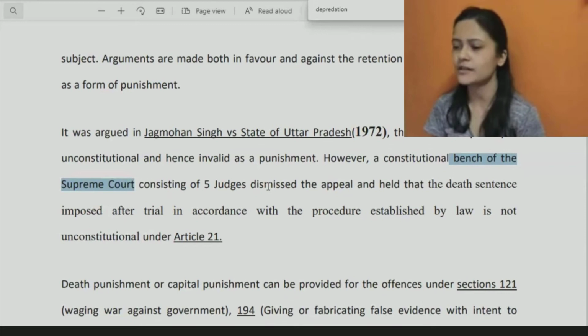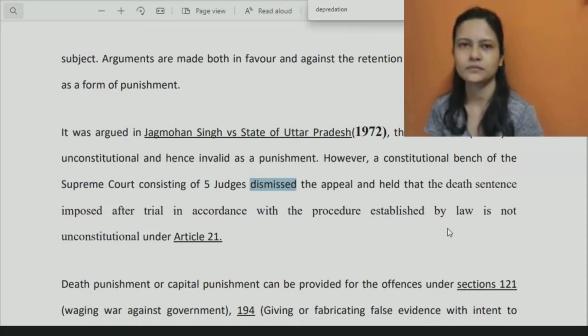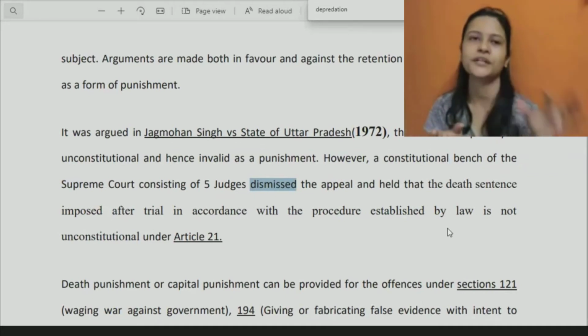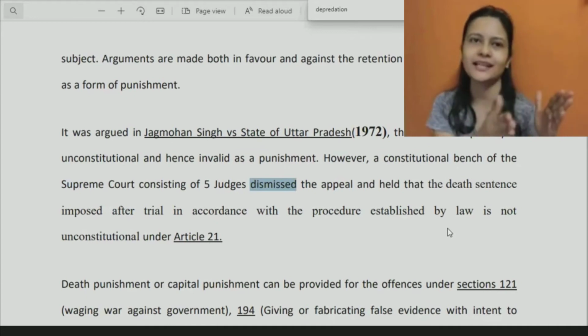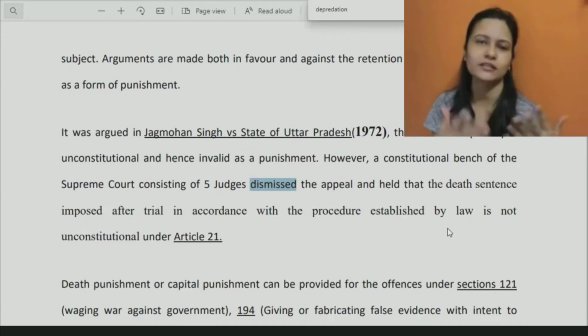What is the meaning of dismissed? The convict Jagmohan Singh appealed for removal of the death penalty. The judge dismissed his appeal and upheld the previous order. Yes. So basically there are 2 things: a case may be disposed or dismissed. Disposed means the entire trial has been completed, all the stages have been completed.